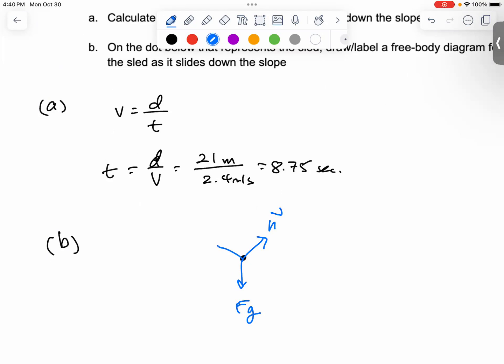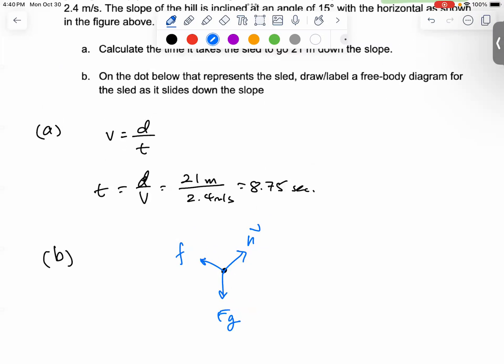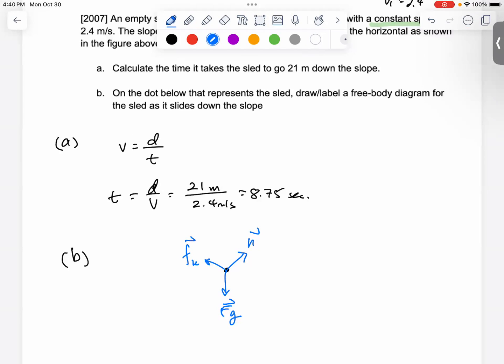Yeah, up the slope. And you can say friction, or you can also point out that it is the kinetic friction. So you have 3 forces. When we do calculations, we would have to split the weight into 2 components, but for now, for the free body diagram, that would do it.